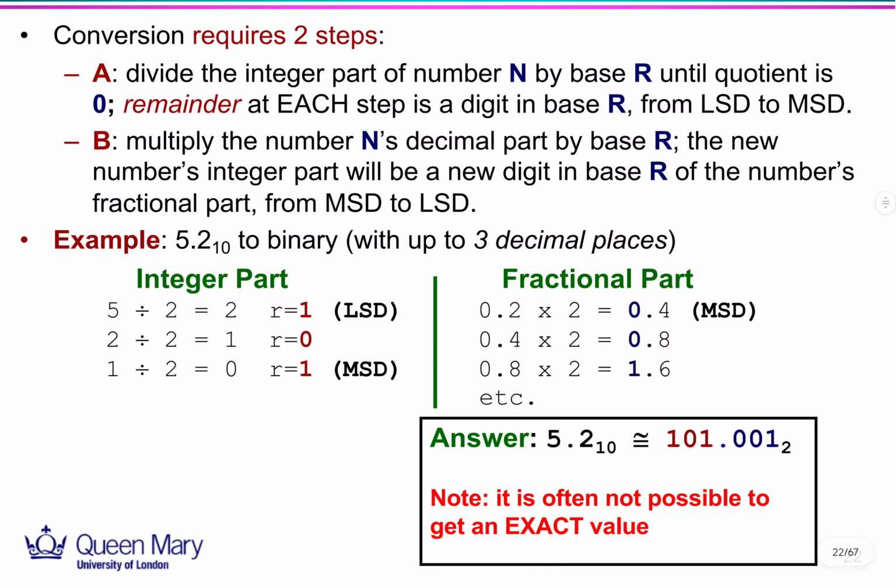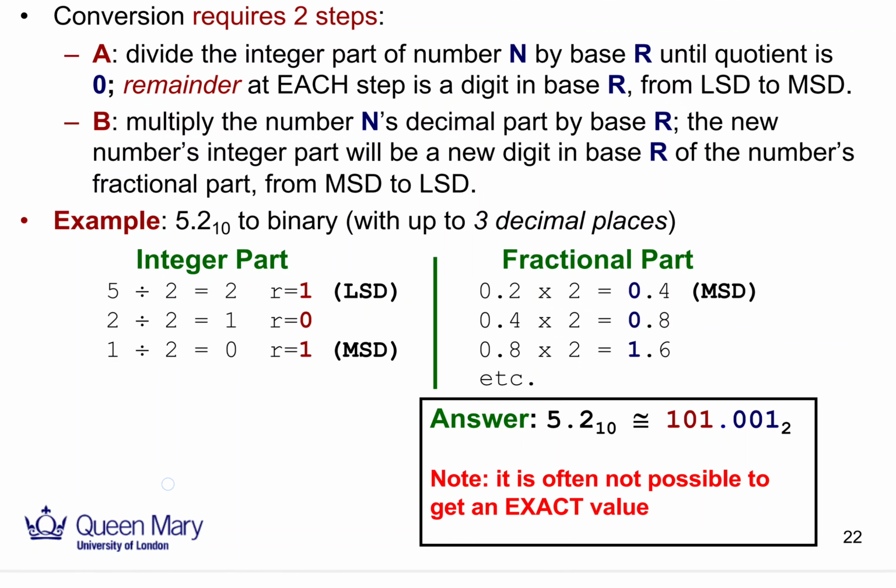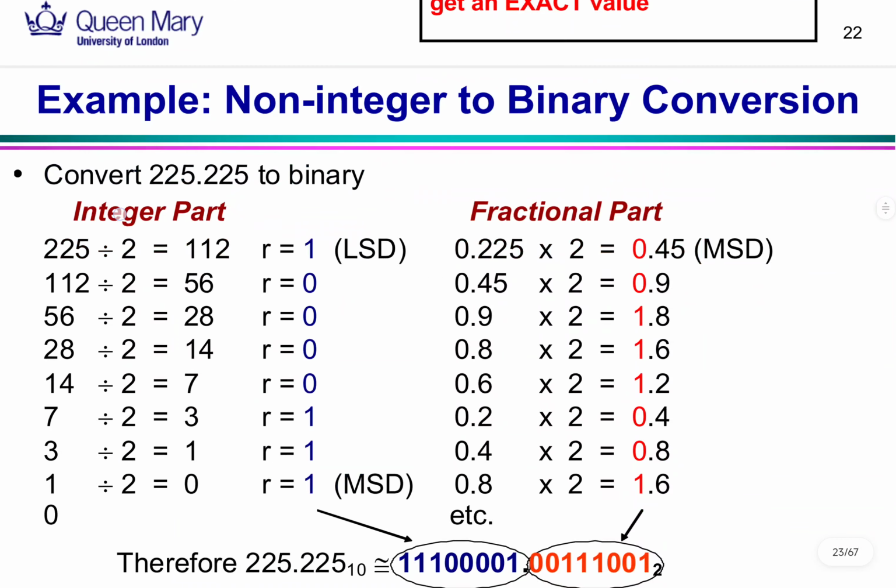The remainder is often not possible to get extra. Just do this. Okay. This is the most significant decimal, I think. Very easy.